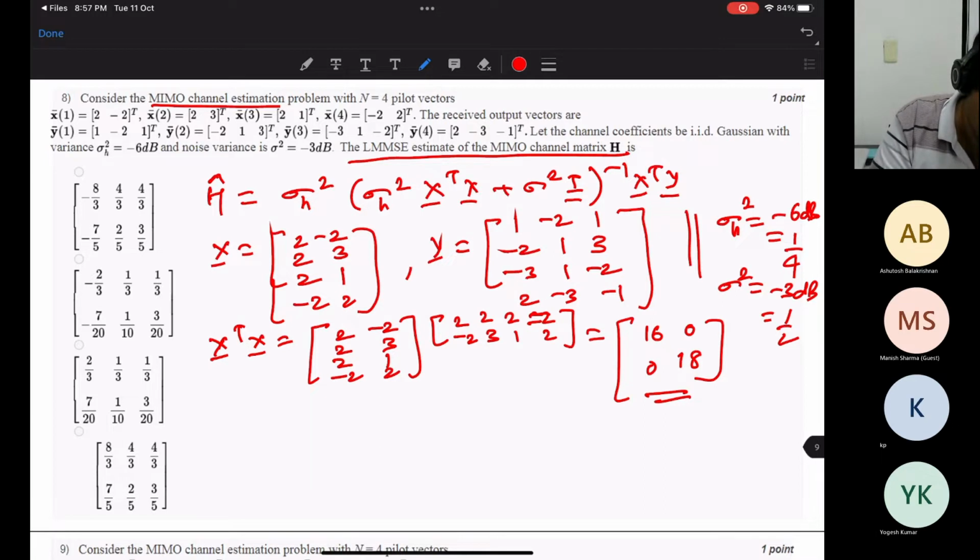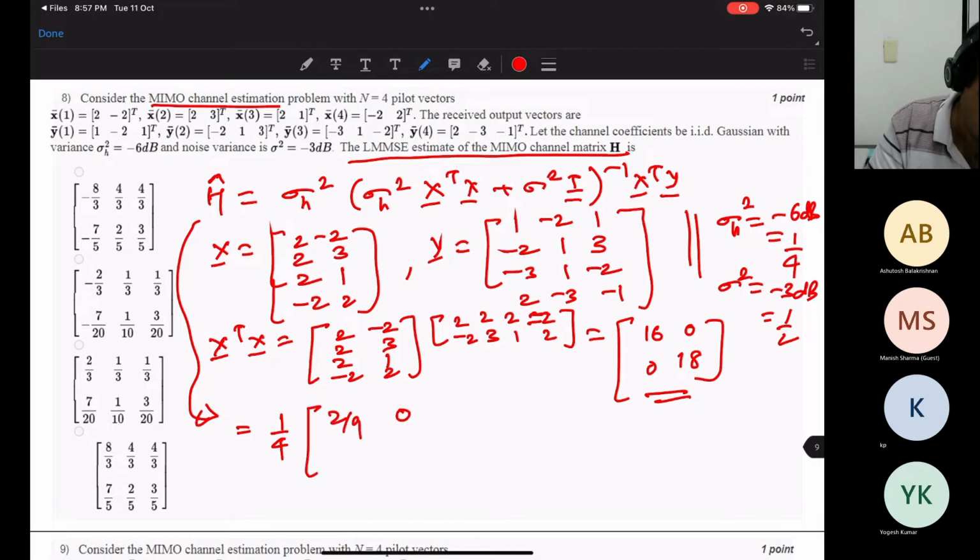So basically we'll be plugging the values in directly. We have 1 by 4 times this, which is 2 by 9, 0, 0, 2 by 10.